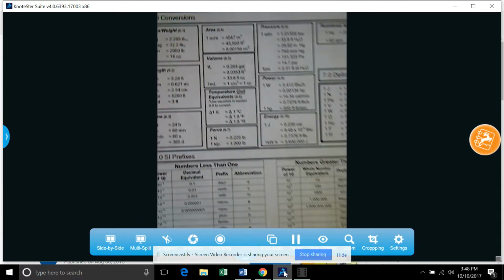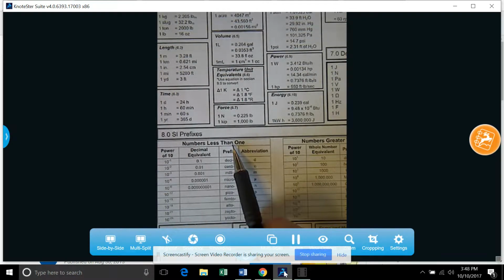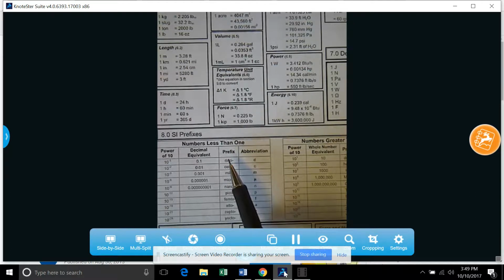The other piece of information that's important on this is the metric system, and it has all of our metric prefixes for numbers that are less than 1. If I'm talking about something like a meter chopped up into several pieces, or a gram chopped up into several pieces, then this is the side we're going to use.